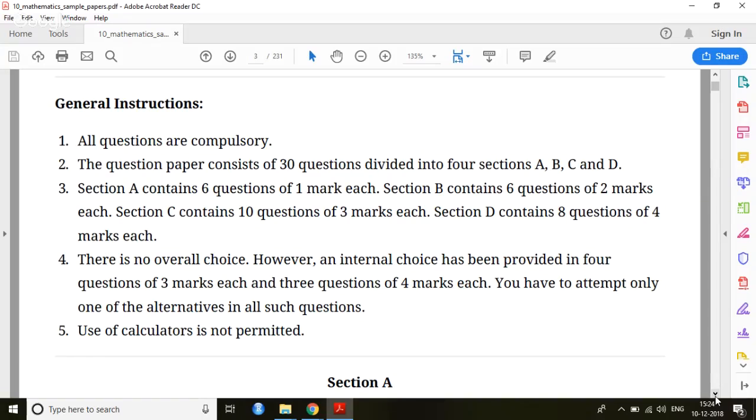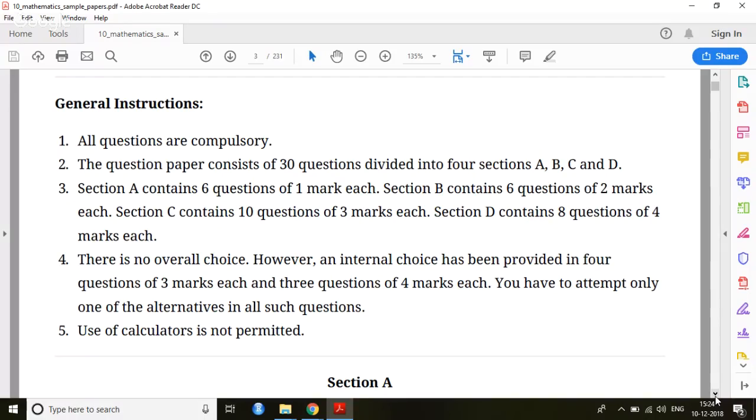There are 30 questions which are divided into four sections: A, B, C, D. Section A contains 6 questions of 1 mark each. Similarly, section B has 6 questions of 2 marks each. Section C is the largest section, which has questions of 3 marks, and section D has 8 questions of 4 marks each. Internal choices are there.